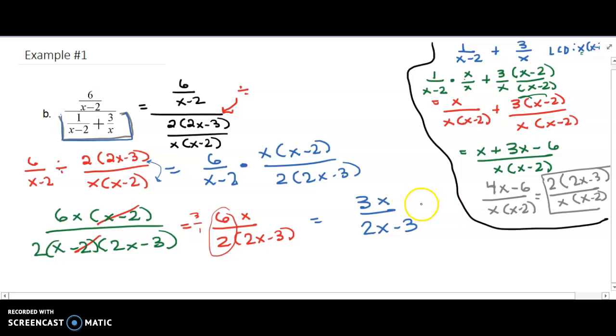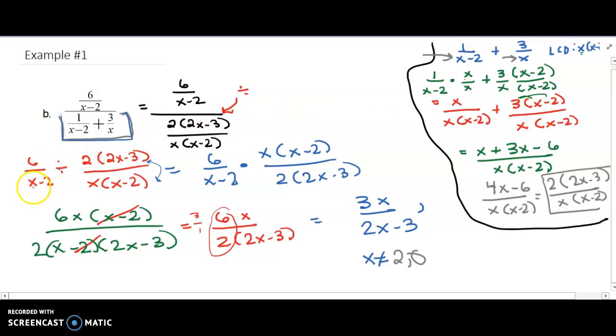Now I just have to look at the domain. When I look at the domain, I want anything along the way that would make my denominator 0. Right here, my x can't equal 2. Right here, my x cannot equal 0. And that's it for this part.